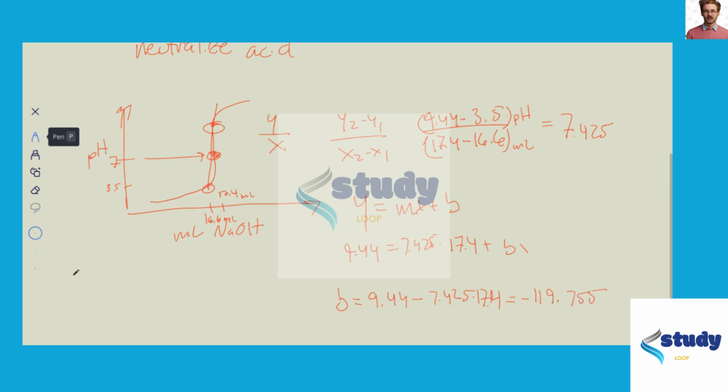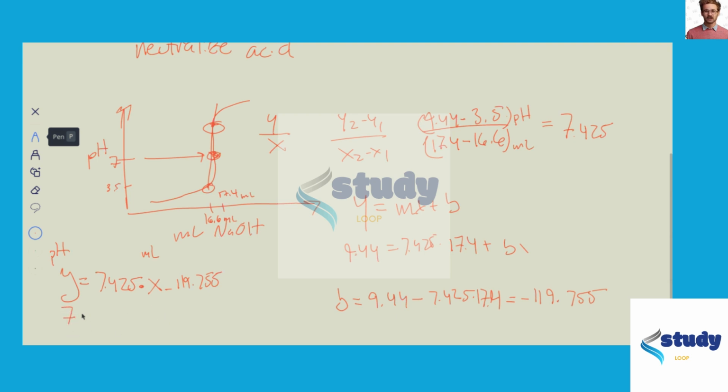So then our equation is y equals 7.425 times x, that's milliliters, so we're saying pH, this is milliliters, and then we subtract 119.755. And the equivalence point is when the pH equals 7. So we want to know what x is at that point.